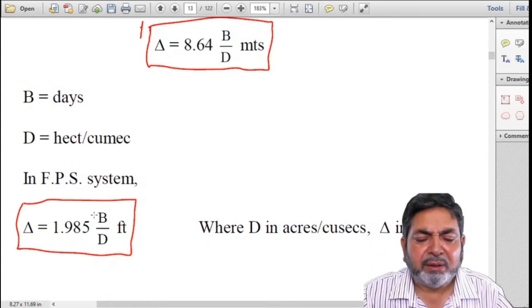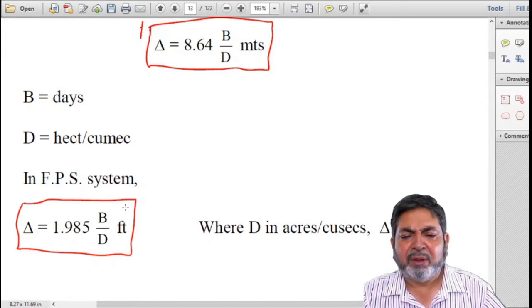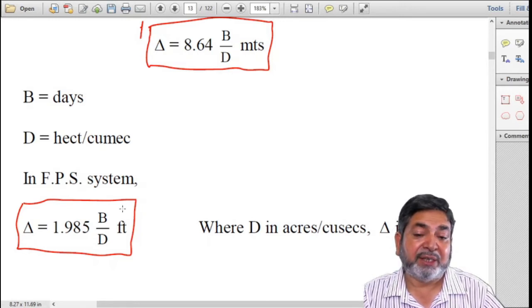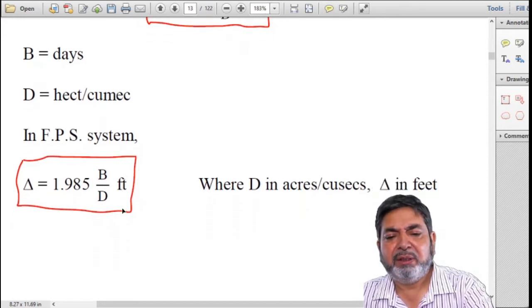Now here D is duty in acres per cusec and delta is in feet. In the MKS relation, the delta was in meters and D was in hectares per cumec, and here in FPS D is in acres per cusec. Cusec is cubic feet per second.